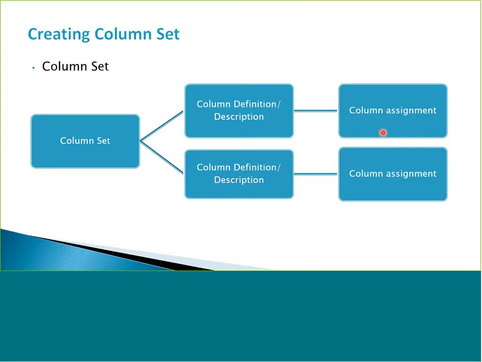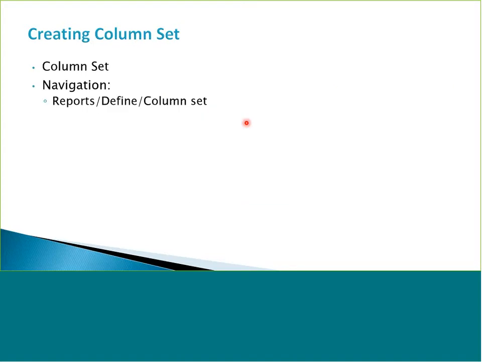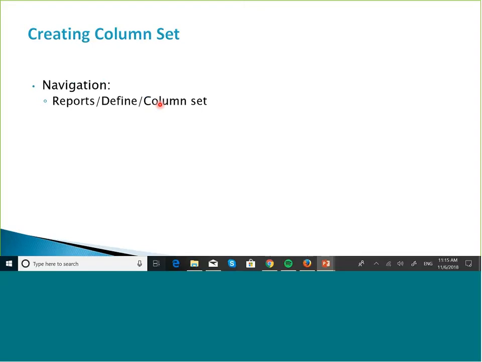So unlike in the row set, where we had a row description and that row could be exploded into many row assignments, here it's a one-to-one relationship in the column set. So in order to create a column set, this is the navigation that we are going to follow: Reports, Define, Column Set. And let's head over straight to Oracle.